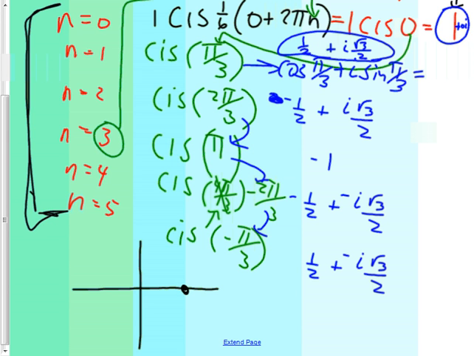There's one here. That's for 1. That's this guy. There's one here at -1. Then there's over 1/2 and up root 3 over 2, which comes out to about 0.8. So over 1/2 and up about 0.8. Let's say that this was going to be where 1 was. So we go over 1/2 and up about 0.8, which is right there.